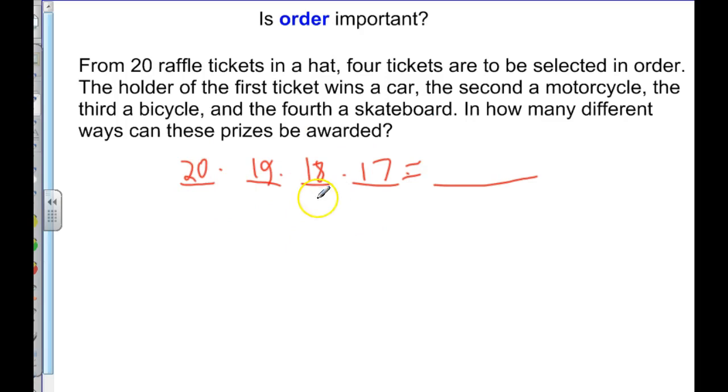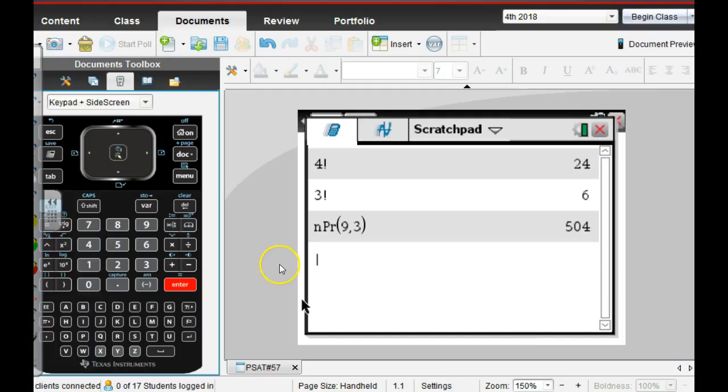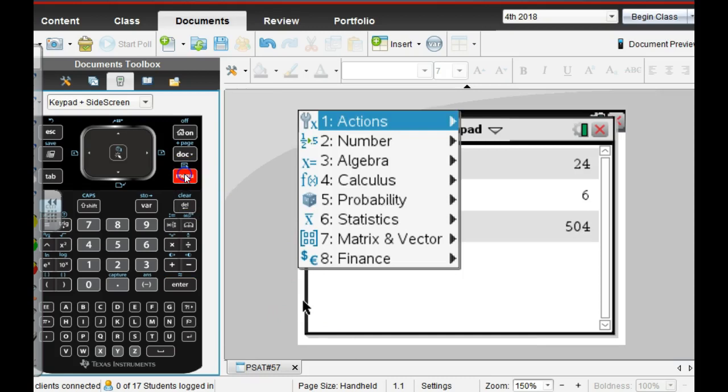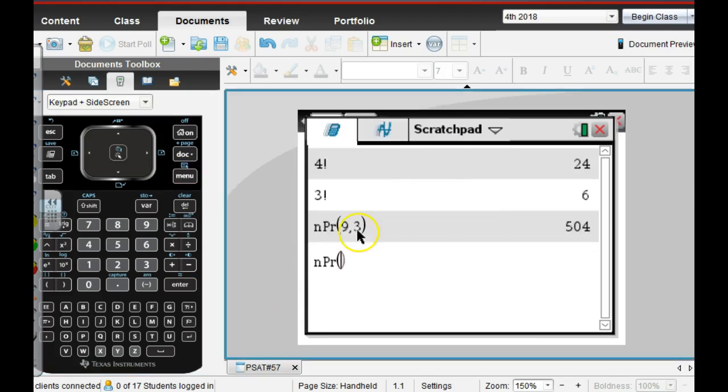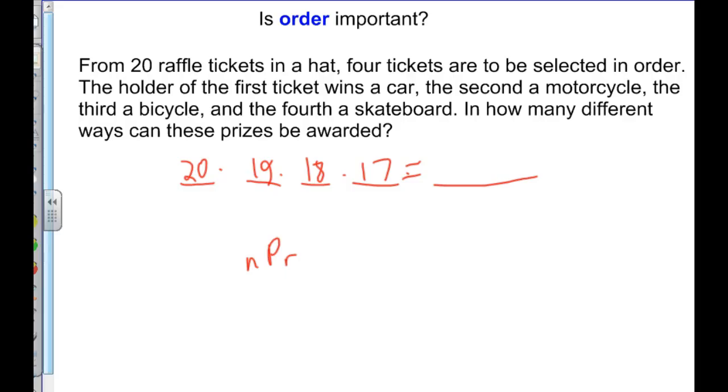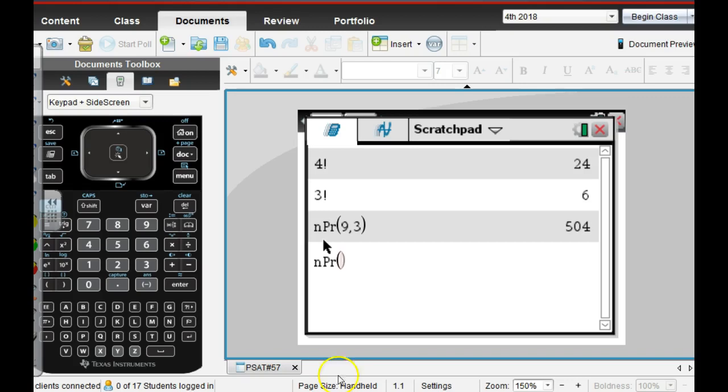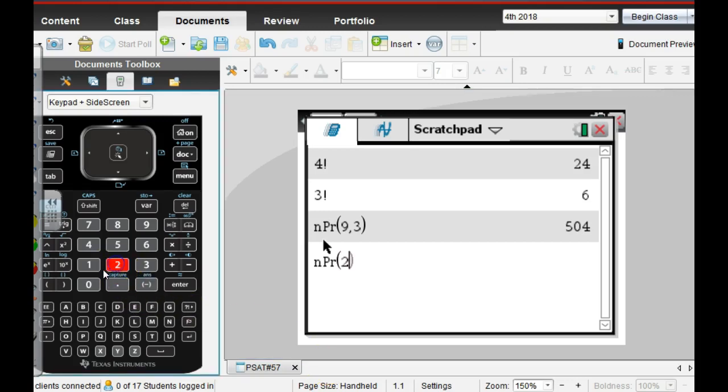If you do this the other way, we're going to use the nPr way of doing this, because it should work as well. So you get out your calculator, menu, probability, permutation, order is important, and let's look back at the question. 20, choose 4, right? So 20 objects taken r at a time, taken 4 at a time.